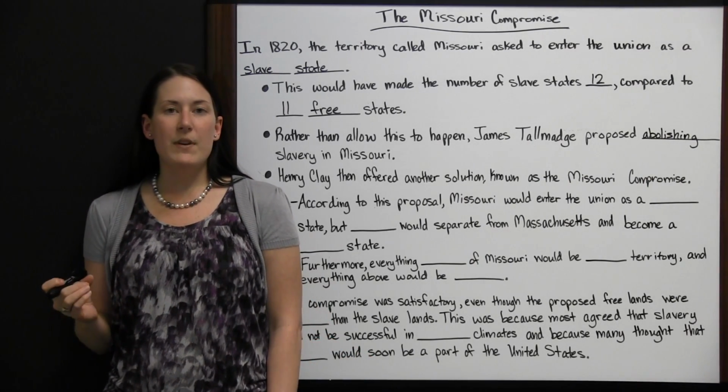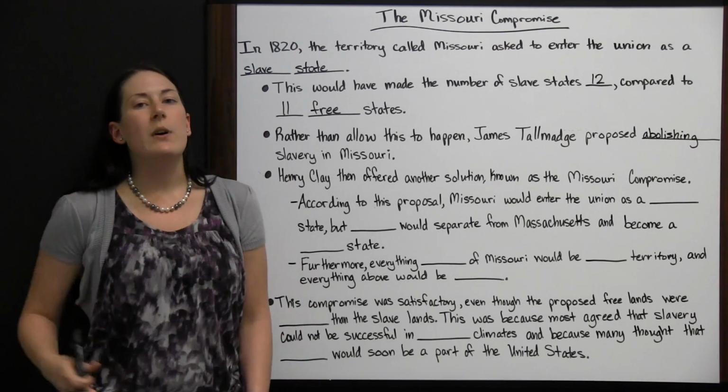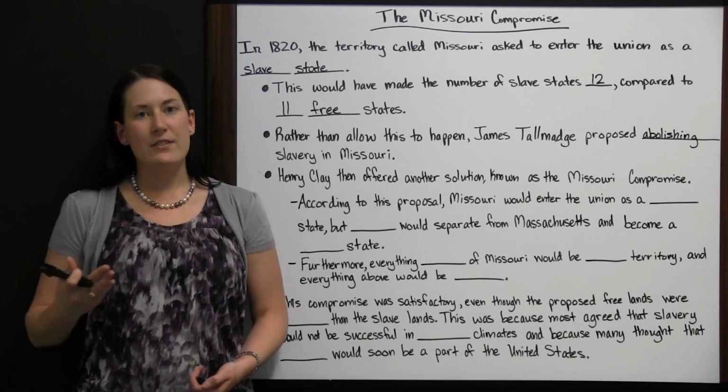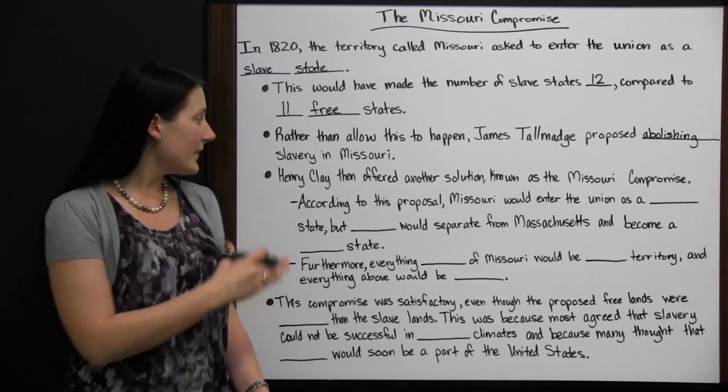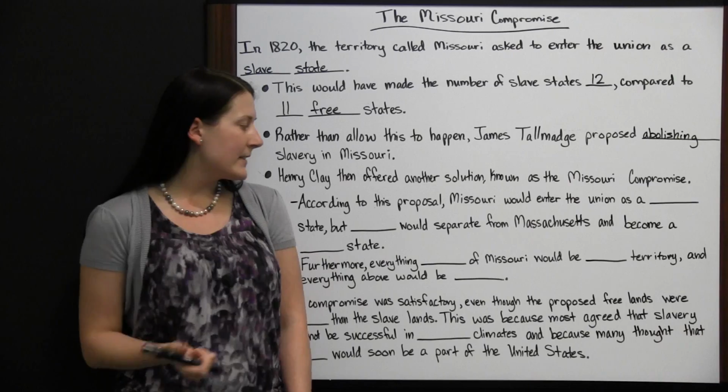Well, that wouldn't have been a great solution for everyone because then there would have been 12 free states and only 11 slave states, so someone's still getting slighted there. So Henry Clay then offered another solution known as the Missouri Compromise.